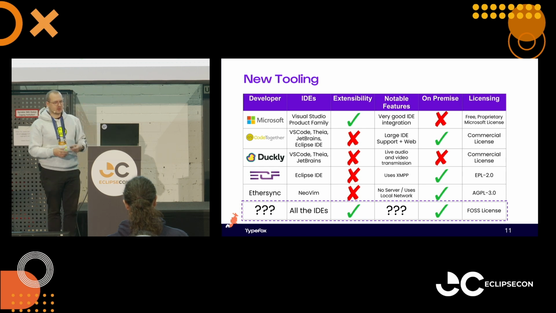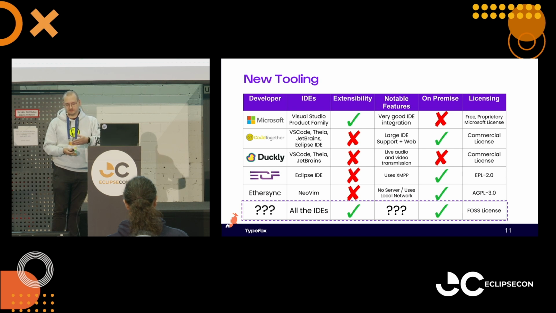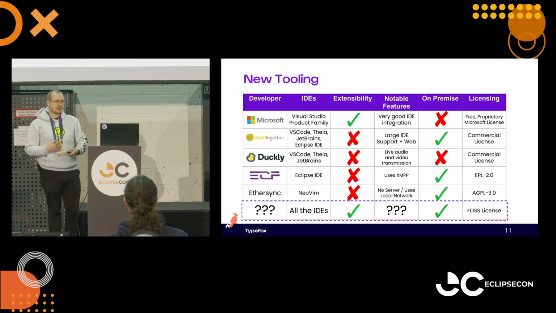Then there are quite a lot of notable features that I mentioned previously. A lot of them don't run on-premise. Stuff like Share that I personally used a bit, unfortunately, doesn't. And there's also a licensing issue. For example, while the Eclipse Communication Framework uses EPL, which makes sense, there are a lot of other projects which aren't really capable of being used in a corporate environment.